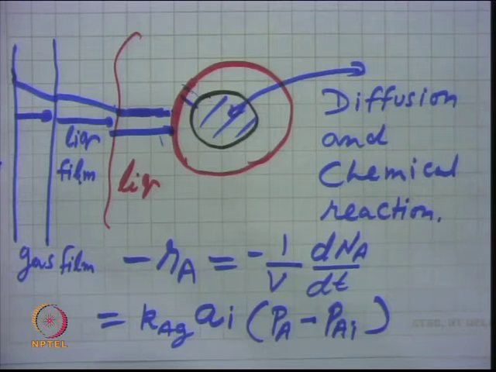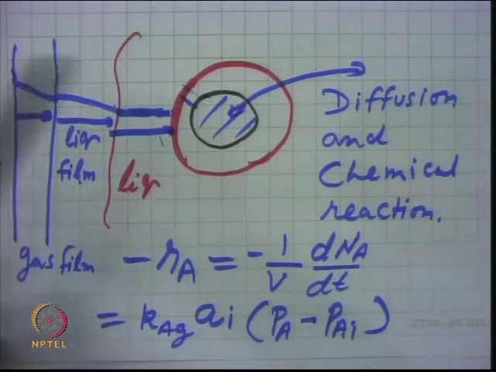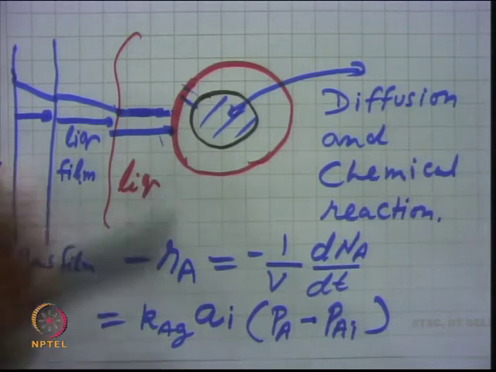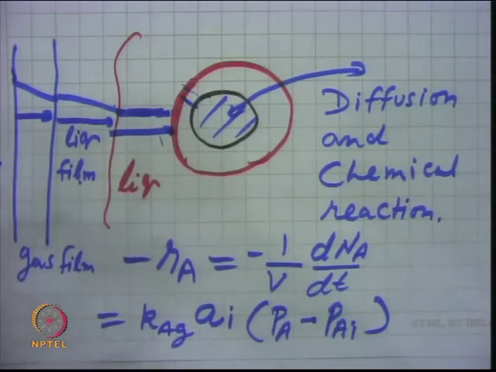So, one needs to minimize these resistances depending upon the system, that is, trickle bed reactor system or slurry bubble column reactor. You have to select a system based on whether your gas film resistance is very high, or liquid film resistance is very high, or the diffusion and chemical reaction in a pore of a catalyst is very high, right. If the diffusion and chemical reaction controls the rate, obviously you would like to have smaller particles.